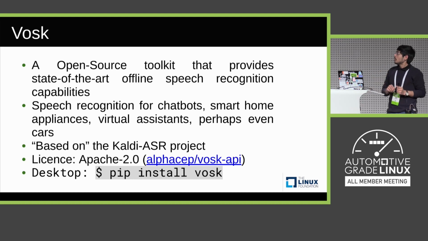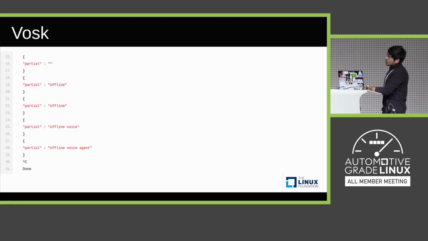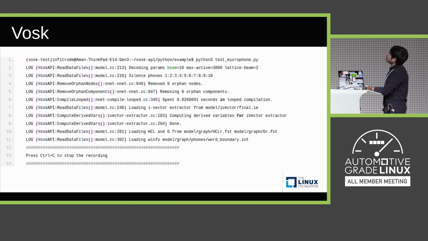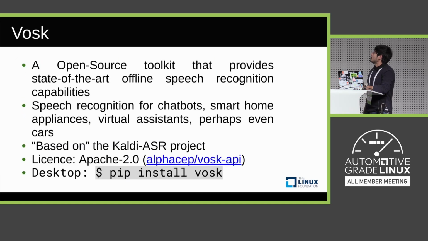It's based on the Kaldi project. As I said, it uses a custom Kaldi, Vosk/Kaldi. The license is Apache 2.0, and this example was run by just quickly installing using pip install, because it was a Python package, and you can run it and use it in your applications.